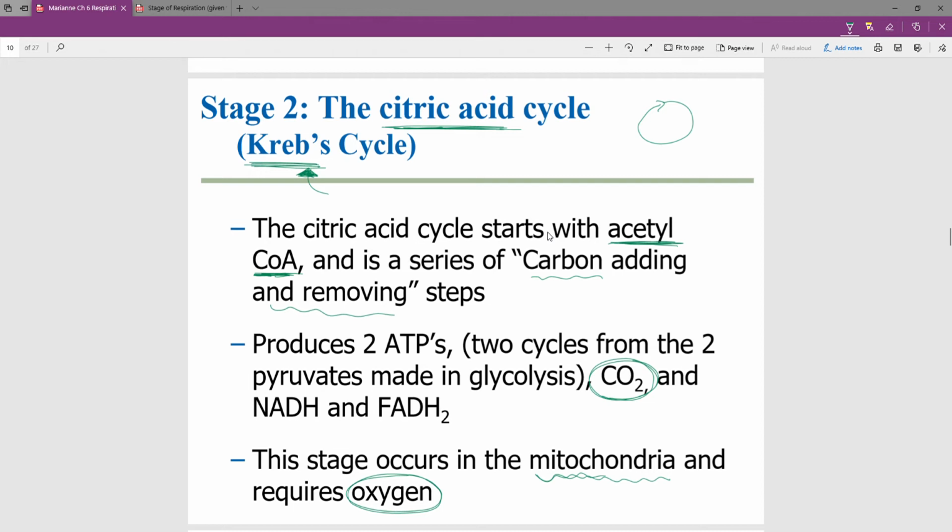The other things that happen in this citric acid cycle is that it's going to produce some ATP, and it's also going to produce some more NADH, which we met in glycolysis, and a new molecule, FADH2. Both of these, I always add in the notes, are electron carriers or energy intermediates.